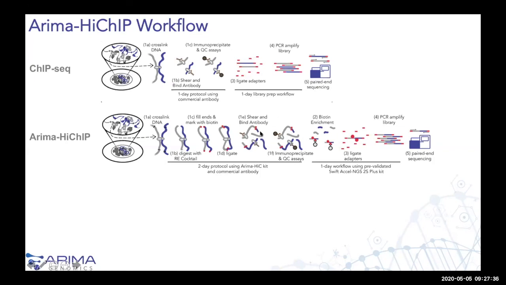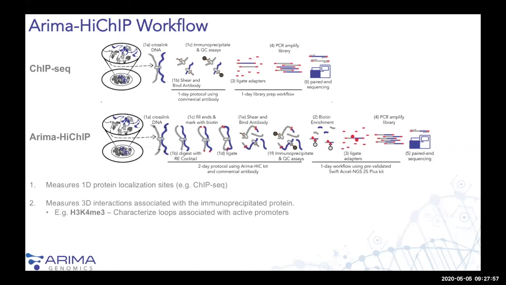After you do your IP, you do your Hi-C style library prep to enrich for the ligation junctions. So in this workflow, there are essentially 2 enrichments, one for the protein and then one for the ligation junctions. This technology inherently measures the 1D protein localization sites that you would get from ChIP-seq, and also the 3D interactions associated with that immunoprecipitated protein.